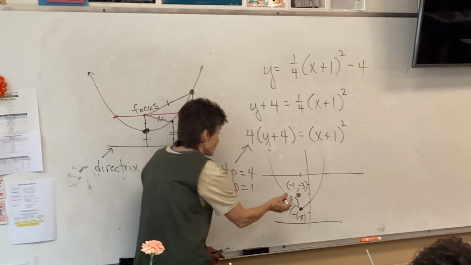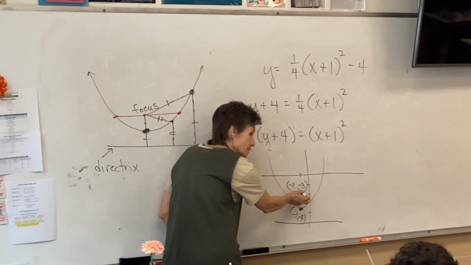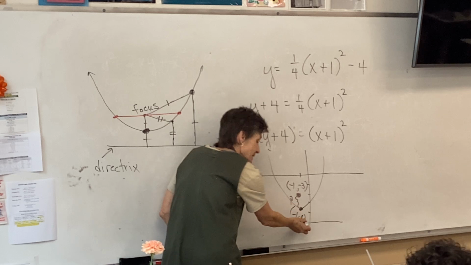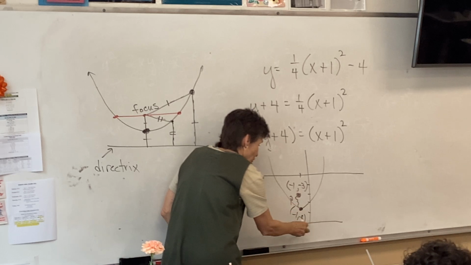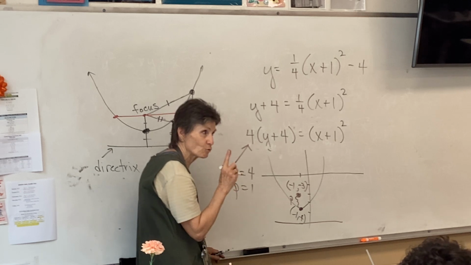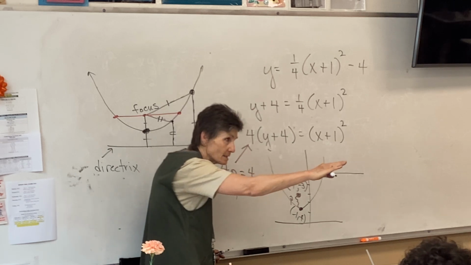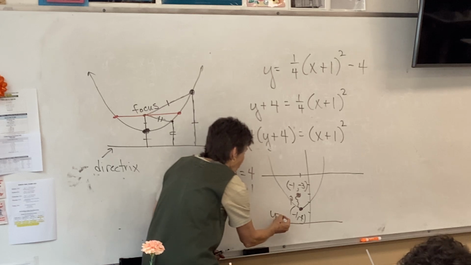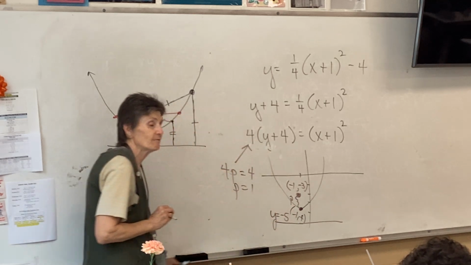And if I went straight up 1, I'm going to go straight down 1. Now you're tempted to say -1, -5, but remember the directrix is a line. So this would be the line y equals -5.